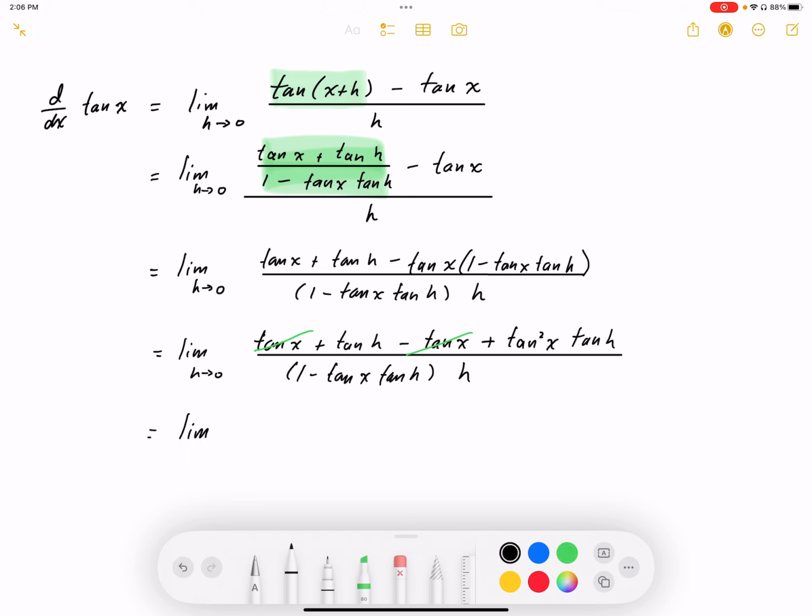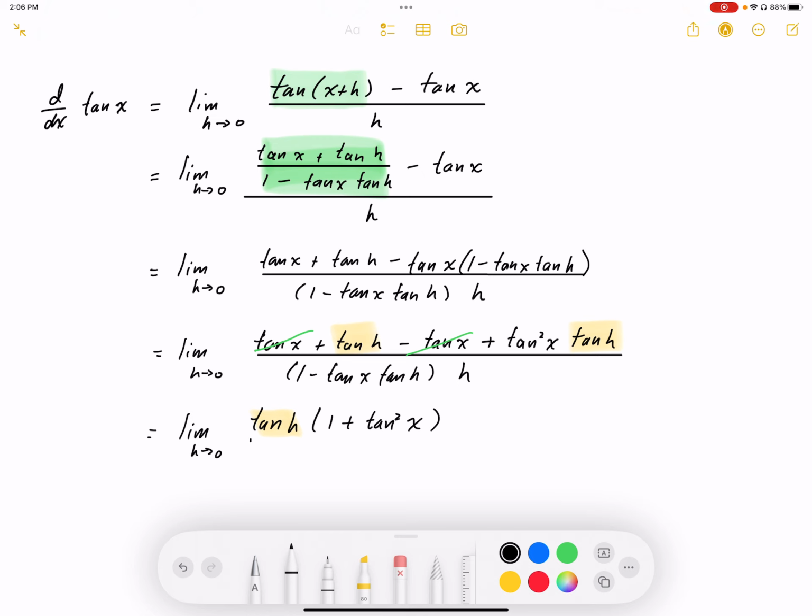So limit as h approaches 0, I'm going to factor the tan h out, and I'm left with 1 plus tan squared x. So I factor the tan h out, so maybe I'll just highlight that. That tan h here and that tan h here got factored out of that expression.